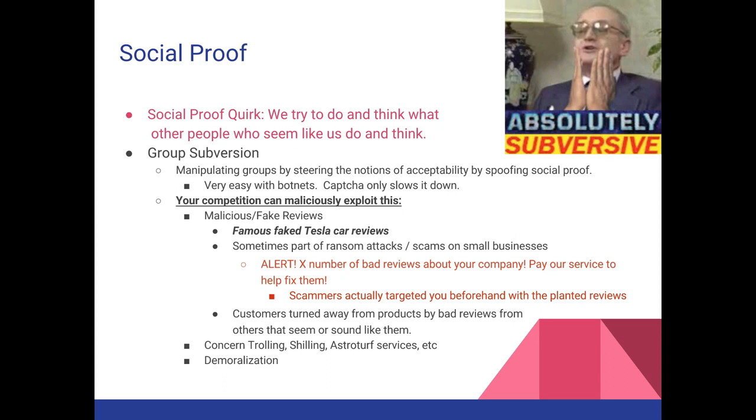It's being used to shape both social media in an automated fashion, as well as markets. So other examples of this outside of fake reviews are concern trolling, shilling, and AstroTurf services, which are being advertised online. You can find them in most first world countries now, some form of company that does it. It's not really illegal.